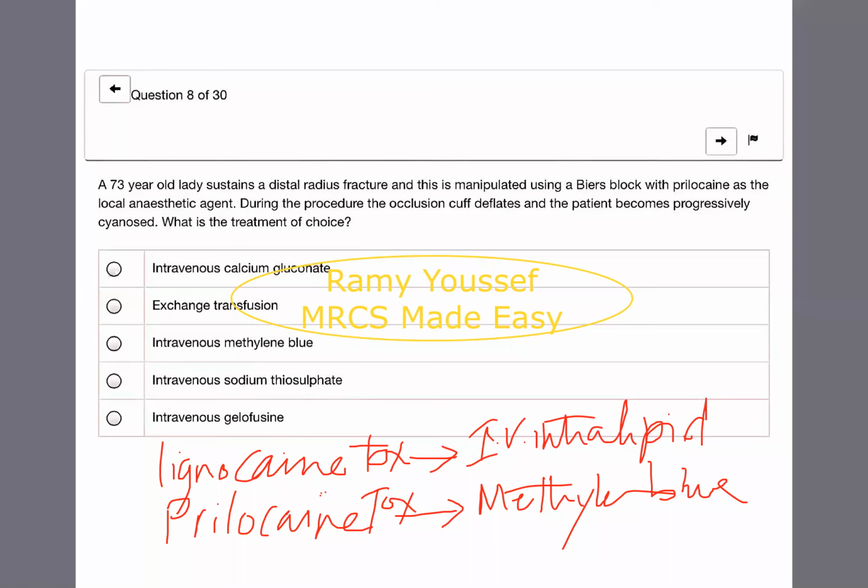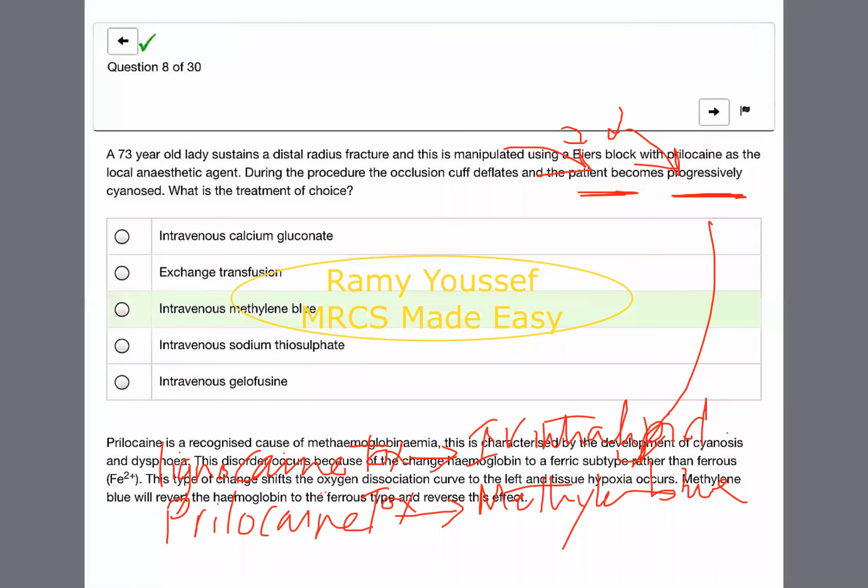Okay, this is very important to know. Keep that Bier's block, you have 2 questions about it. He will give you the type of anesthesia and ask you about the type of anesthetic agent. We have had a question about this before, and sometimes they tell you there is toxicity and ask about the antidote.